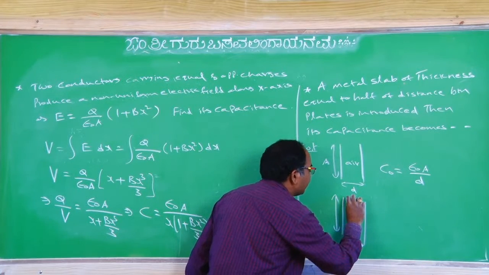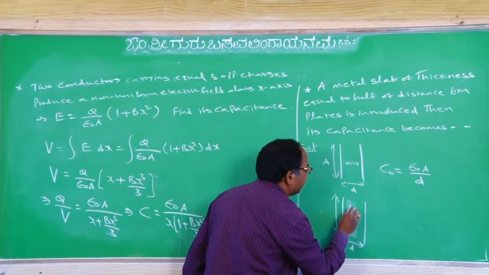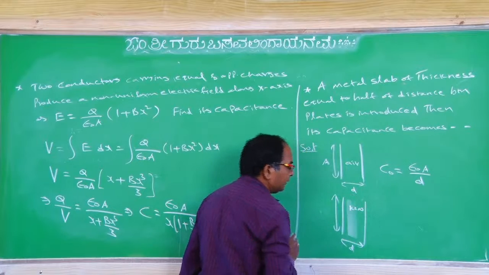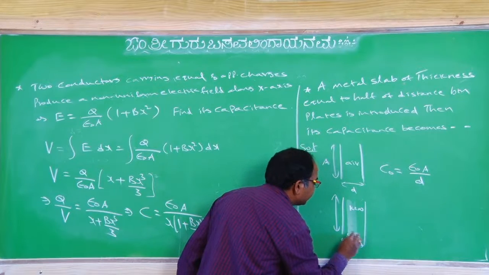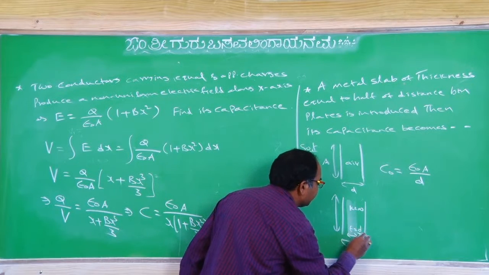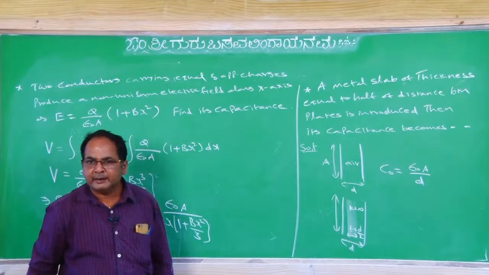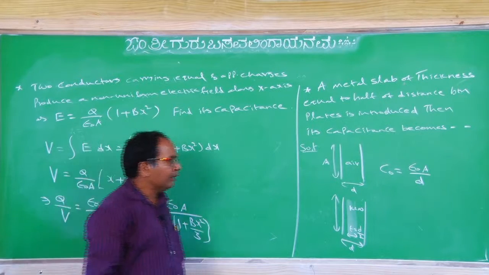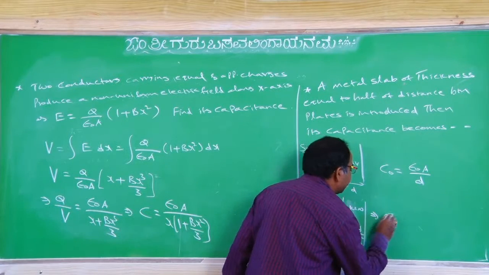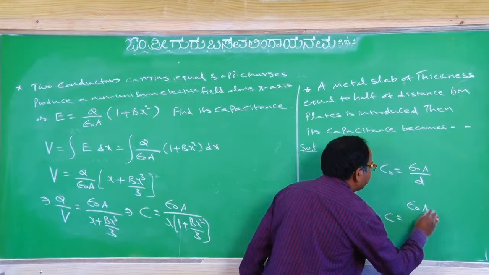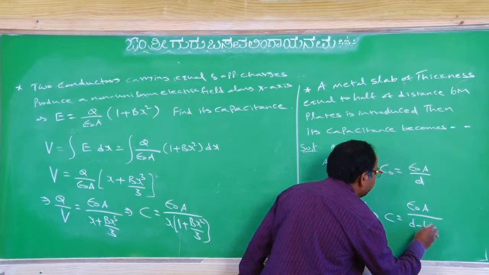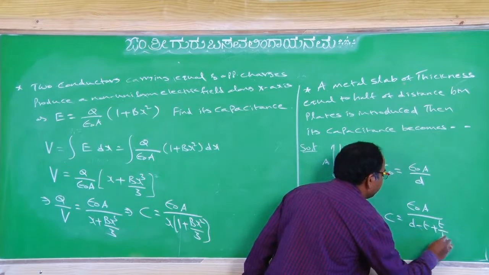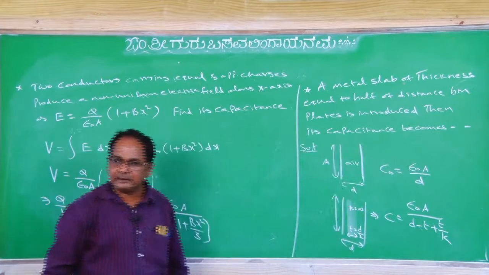Now I have introduced a metal plate, means K is equal to what? Infinite, and its thickness T is equal to D by 2. Now its new capacitance C is equal to what is our formula? Epsilon naught A by D minus T plus T by K. Yes or not?